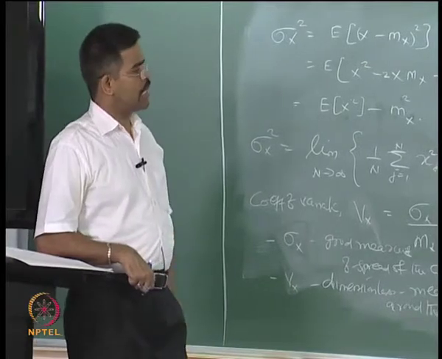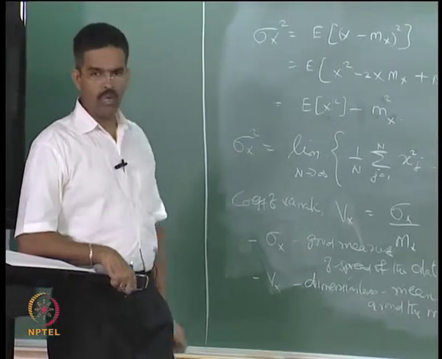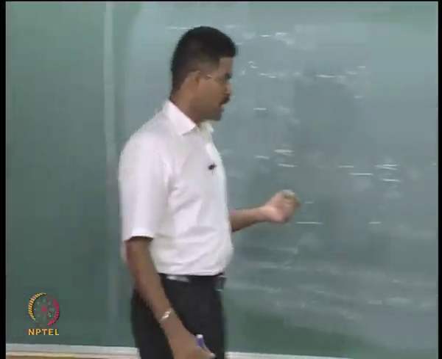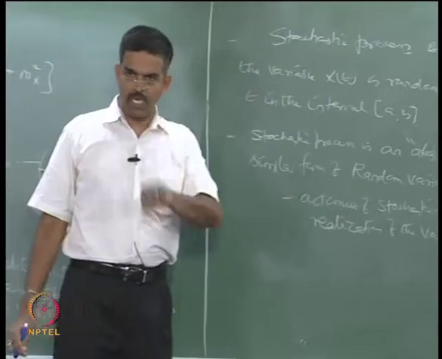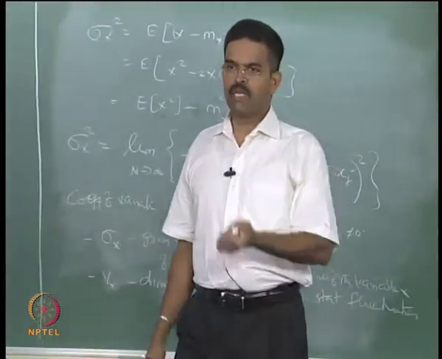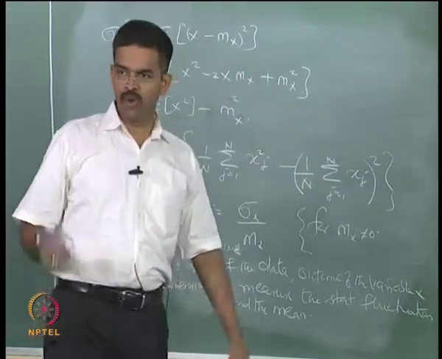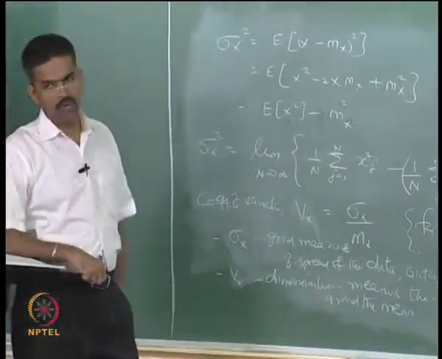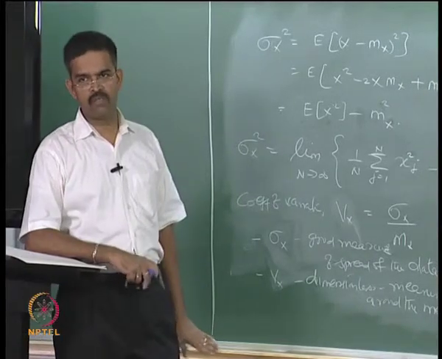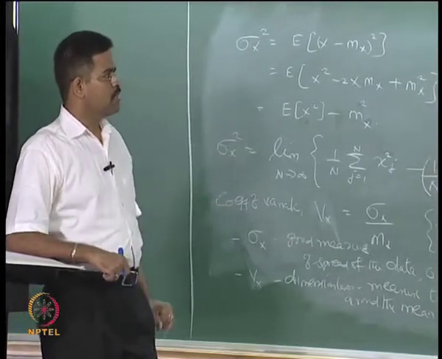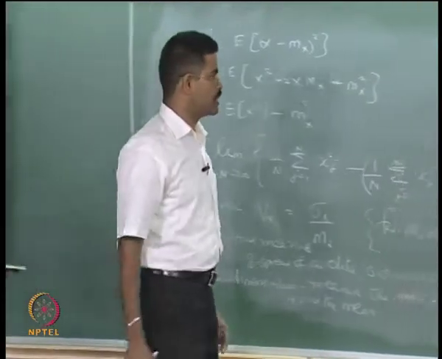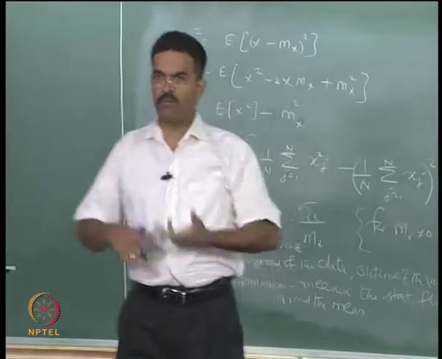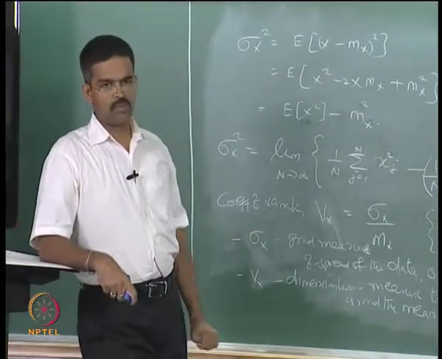Given a stochastic process, if you have a load spectrum and the realization of load also, where capital F of t is a load and small f of t is the realization of the load, and capital X of t is the response and small x of t is the realization of the response, how can I connect these two using what we call a response spectrum for a linear system? So, in the next class we will derive the expression for a response spectrum, then we will talk about what you mean by a return period in a given stochastic process.